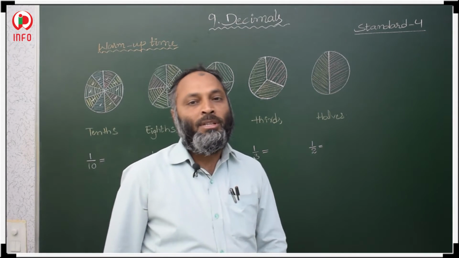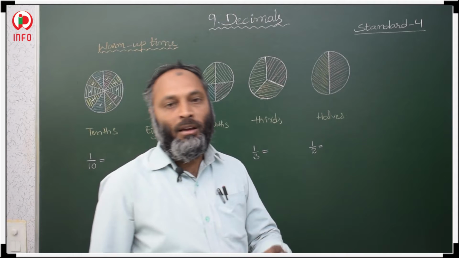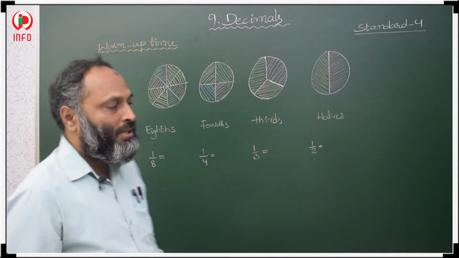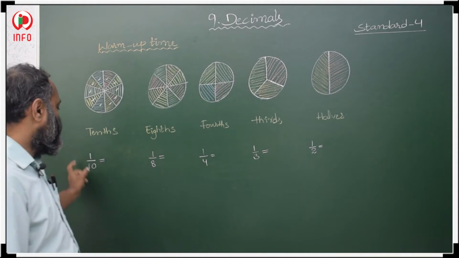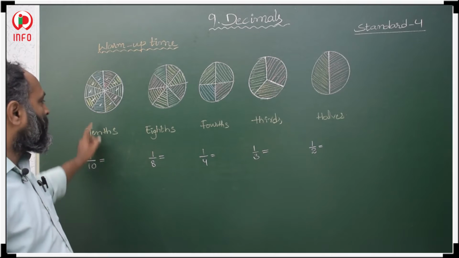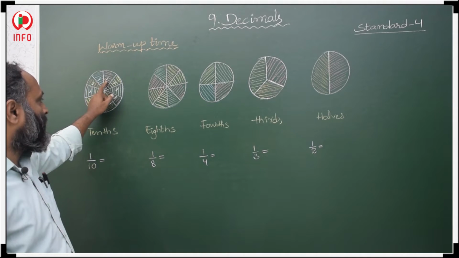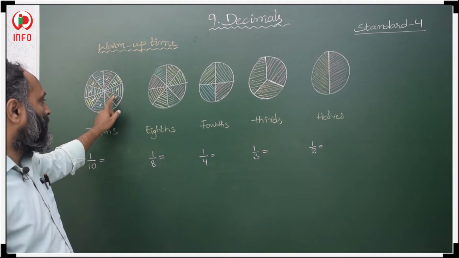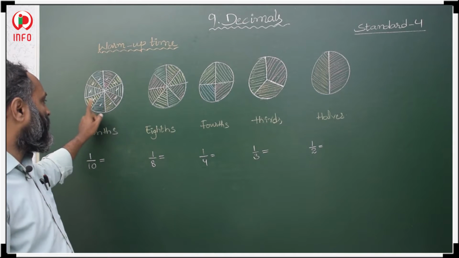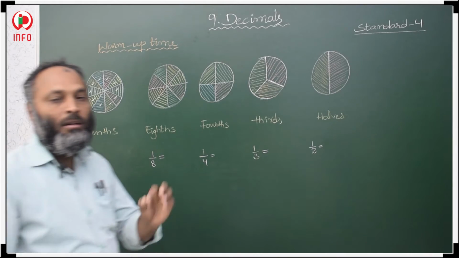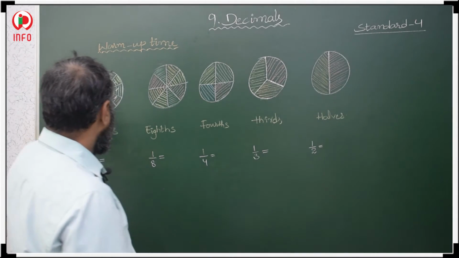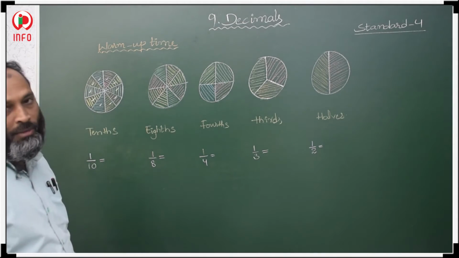Then how to represent each part as a fraction? Each part can be represented by 1 by 10. All equal parts we can represent by 1 by 10.